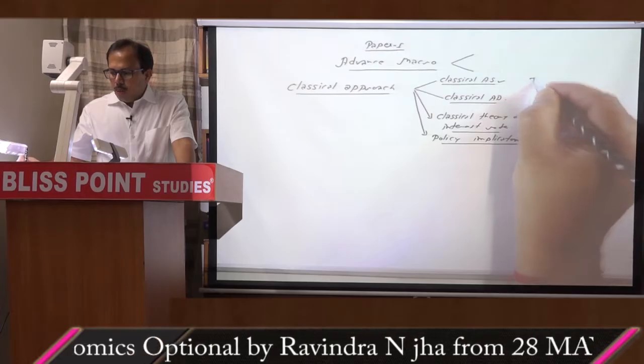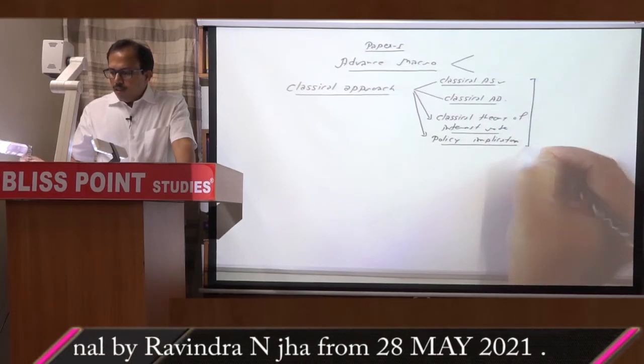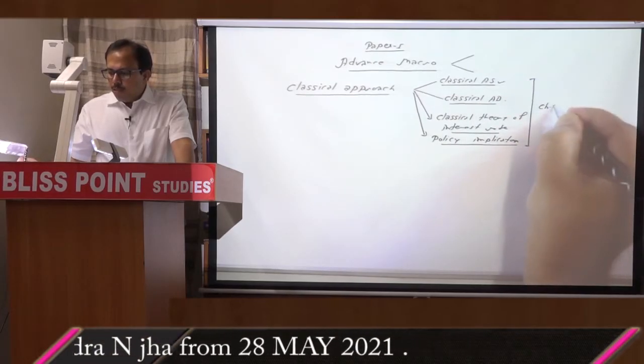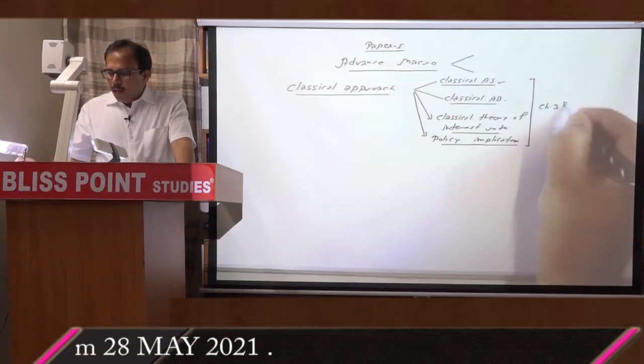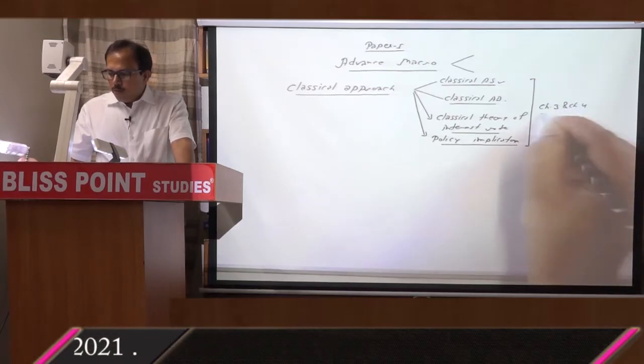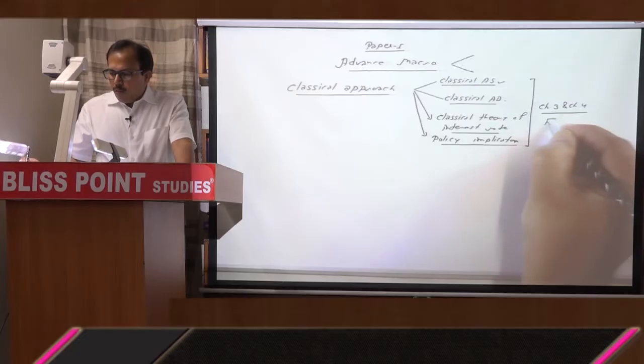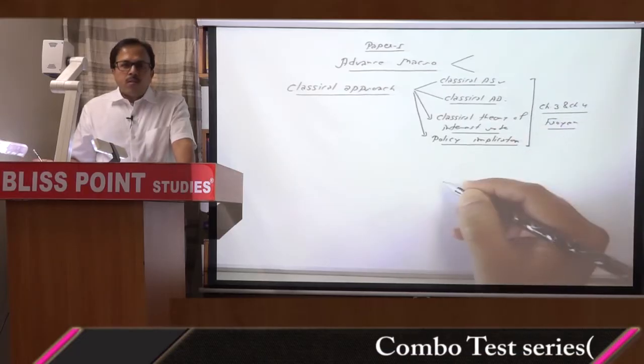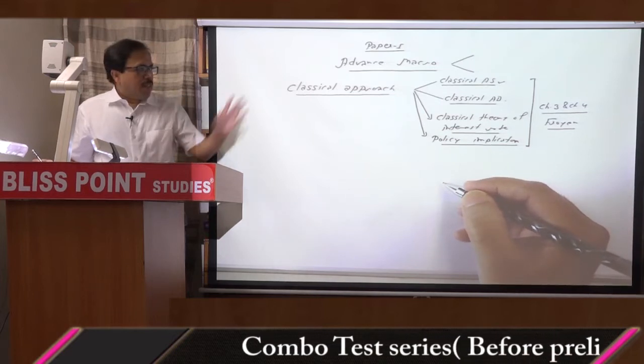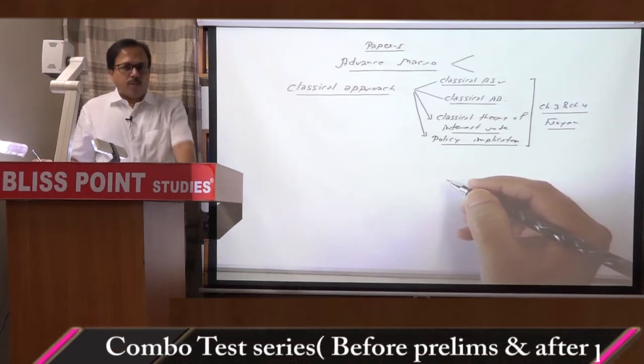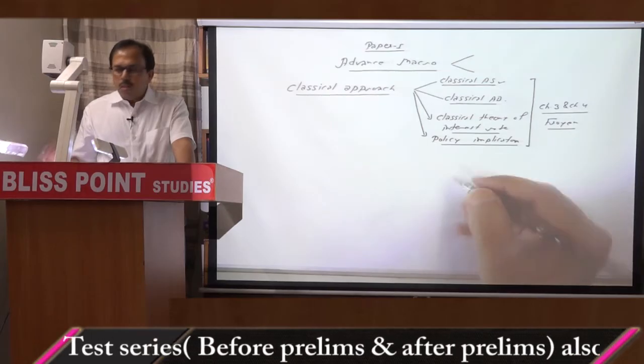These topics you should be covering from chapter number 3 and chapter number 4, mainly from Froyen, Richard Froyen. So the main book for the classical approach will be Froyen. Clear? I'm just giving an overview.